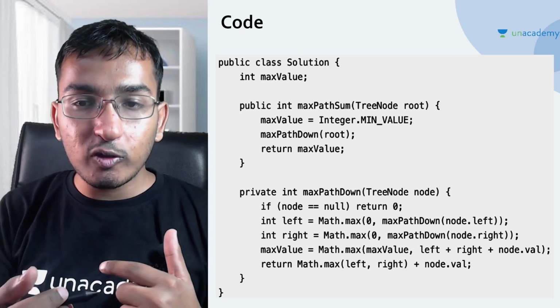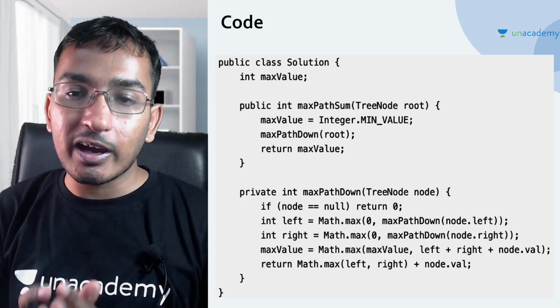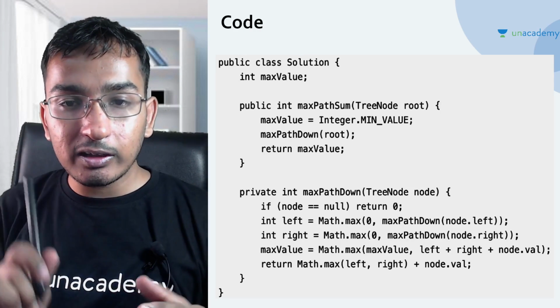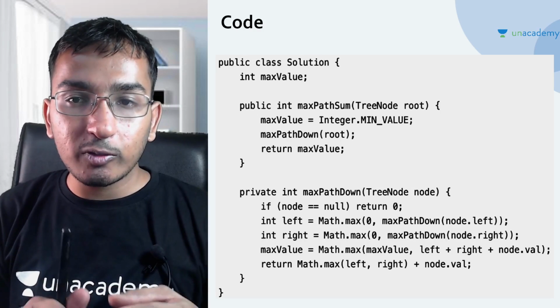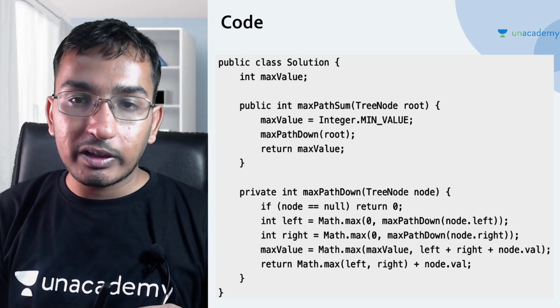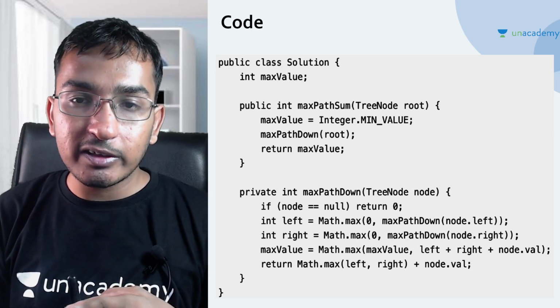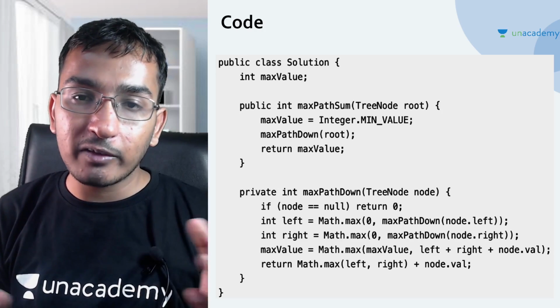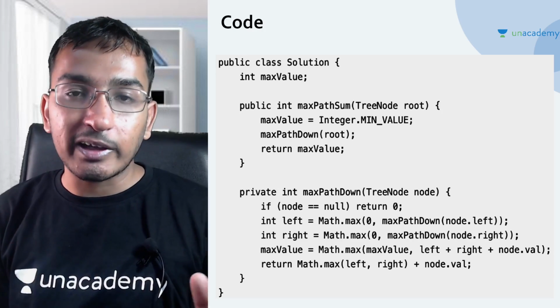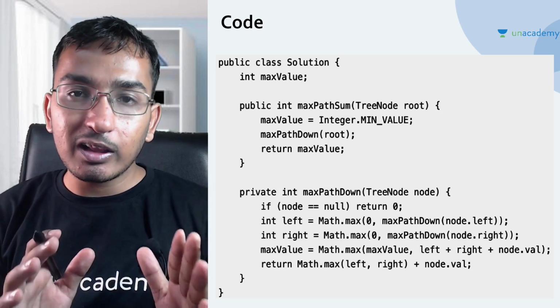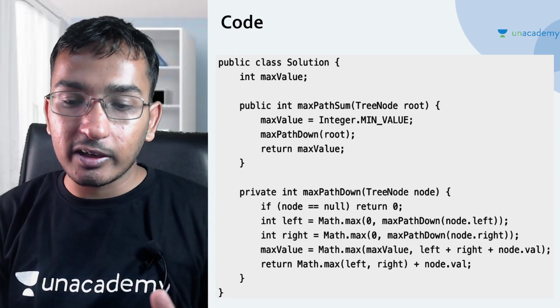We have to just break it down. The fundamental is clear, guys. Here the fundamental is that we have to divide our problem into smaller problems, and after having the result of the smaller problem, we will have the result of the bigger problem automatically. The basic building block is clear here, guys.